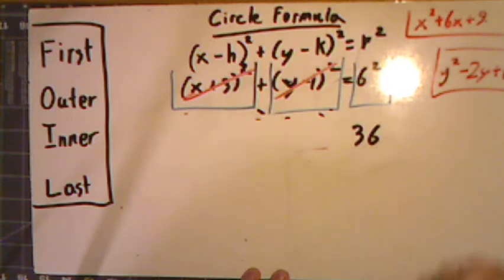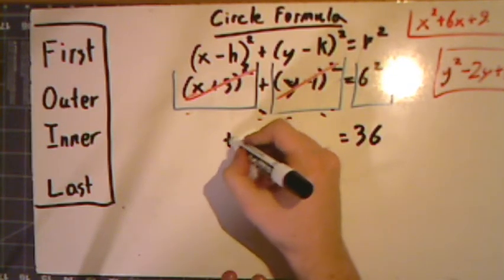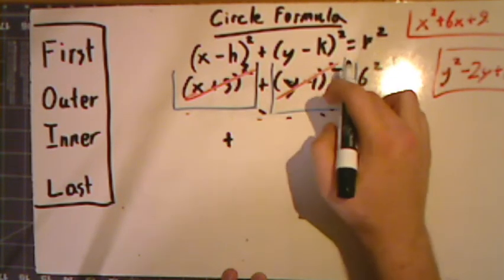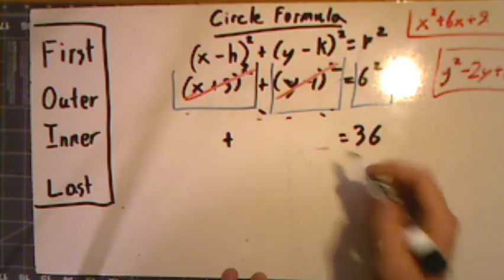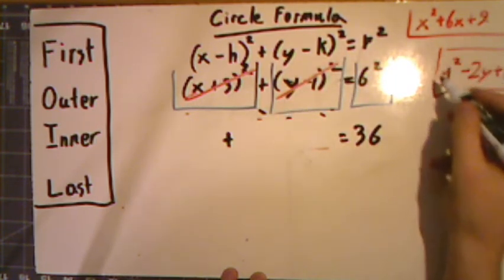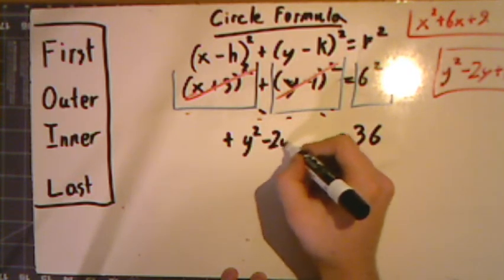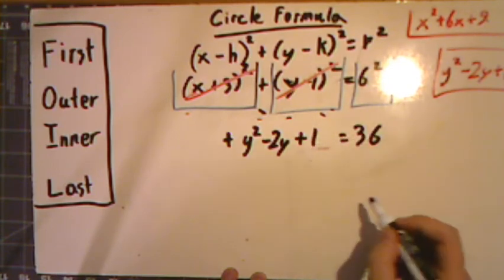So now we drop back in the equals, the plus, but we give the new values that we got. So this y minus 1 squared was the same as saying this right here, as y squared minus 2y plus 1.